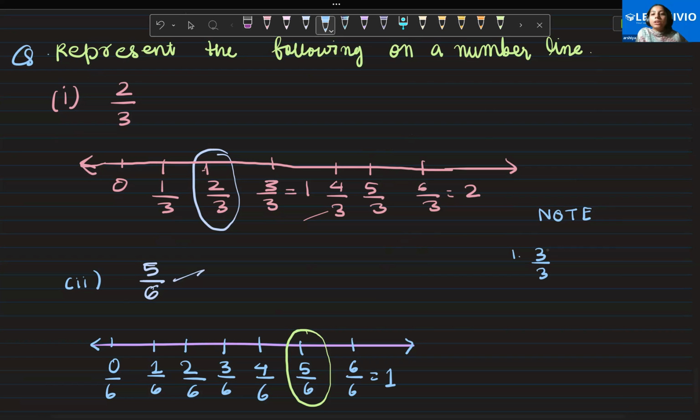First, you can write down these two and then you can write this on the side or somewhere.